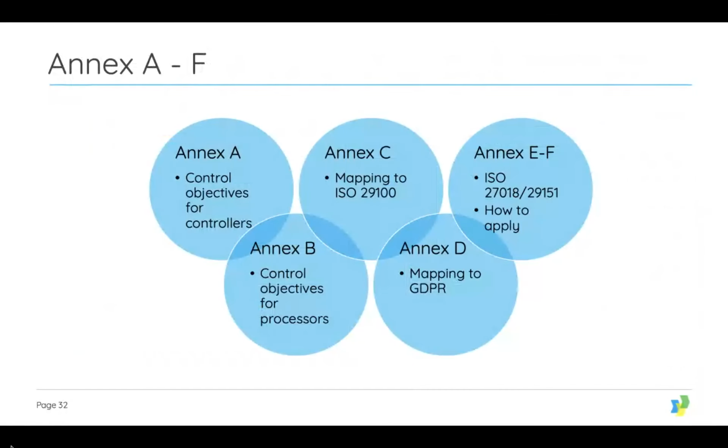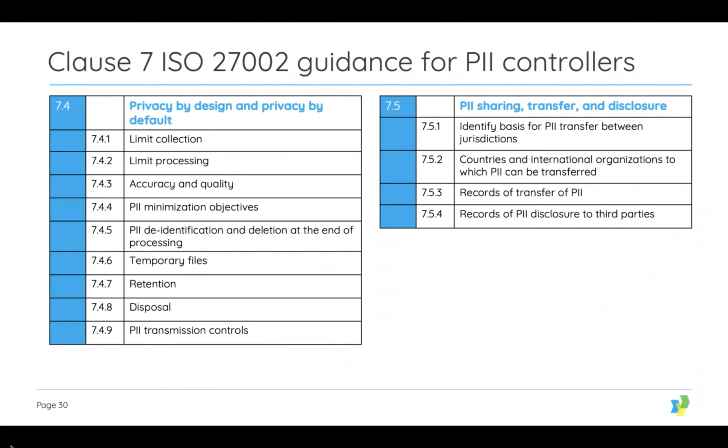Privacy impact analysis is going to be a major factor and the basis of your entire controls. If you do your PIA right, you will be able to implement all the controls right.